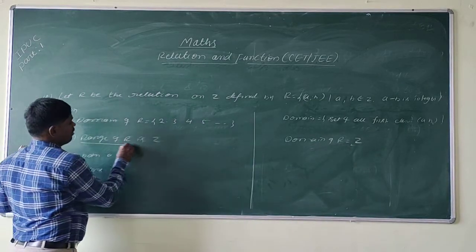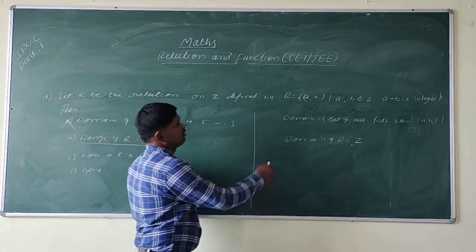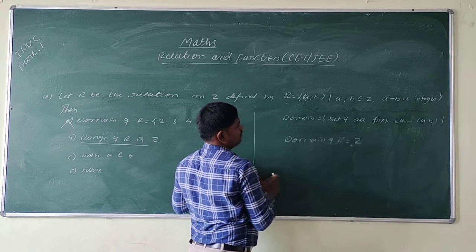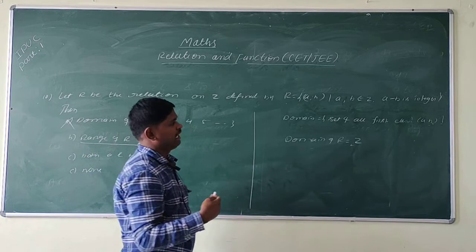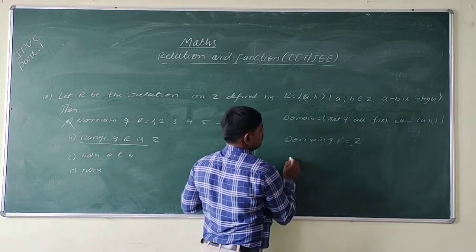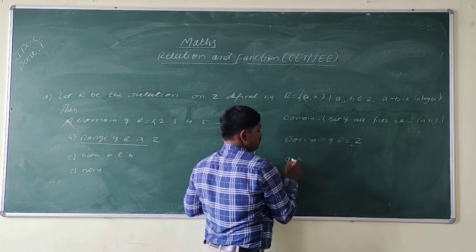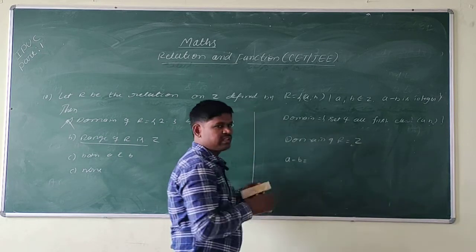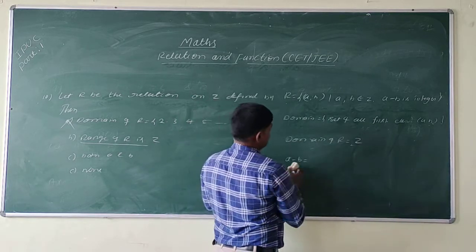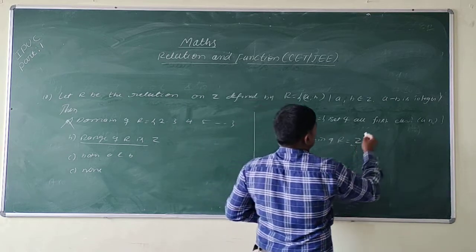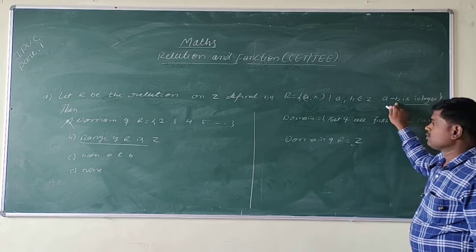The range of R is Z. Let us verify the difference. R is the set of all ordered pairs (a, b), and the output is a minus b. The difference of any two integers is also an integer, just as the sum of any two integers is also an integer. And 0 is also an integer, so we can take any a minus b.